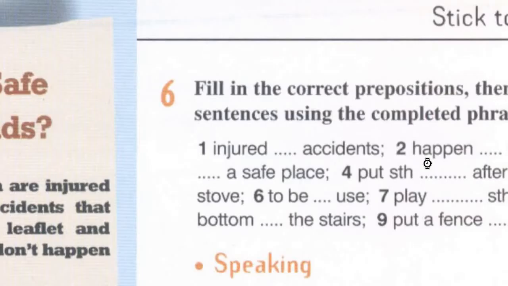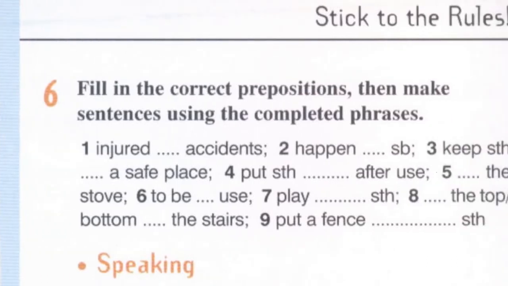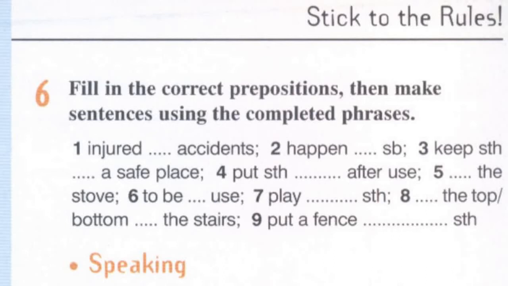We're working on this leaflet and trying to understand and form expressions and use prepositions. If you remember, prepositions are the words that come after a verb, before a noun, usually to give information about direction or location of something, like at, off, of, in, above, top, under, left, right, and the rest.